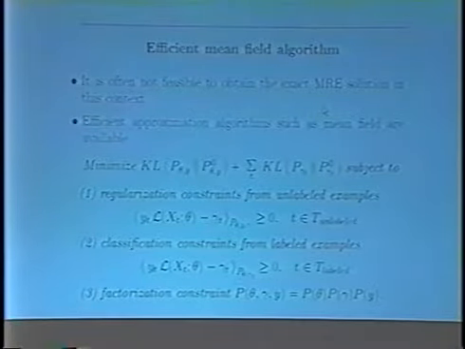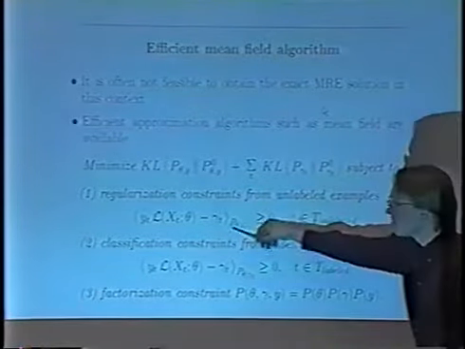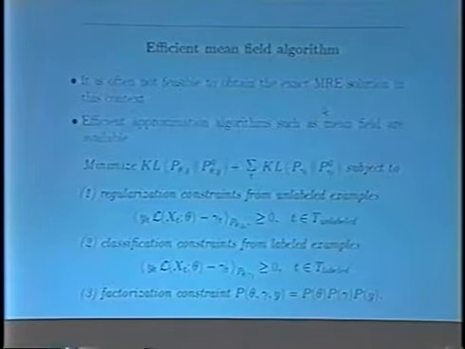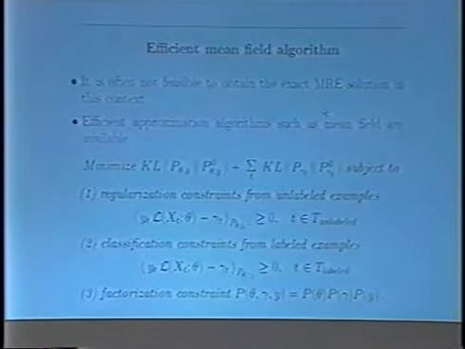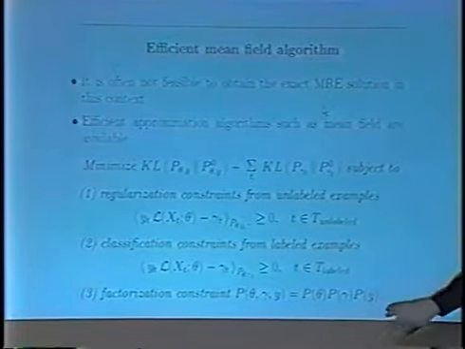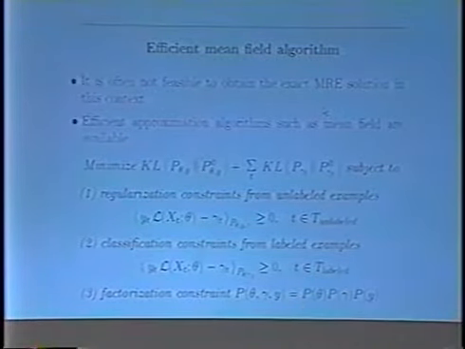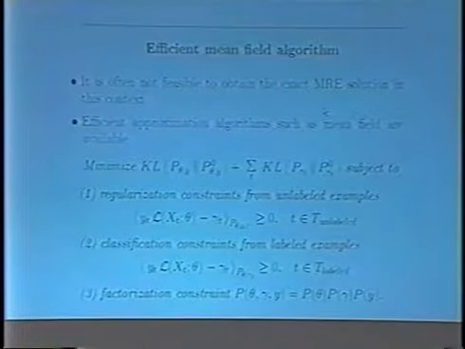And what you will find is the maximum entropy distribution over those labels as a result of applying this algorithm. So the way you deal with the computational issue is to impose additional constraints on the form of the distributions that you're searching for the solution.